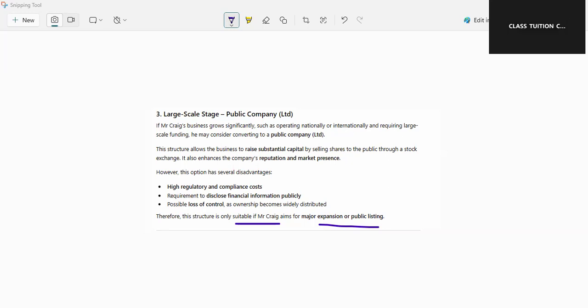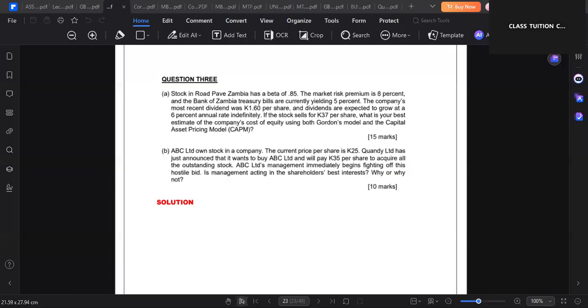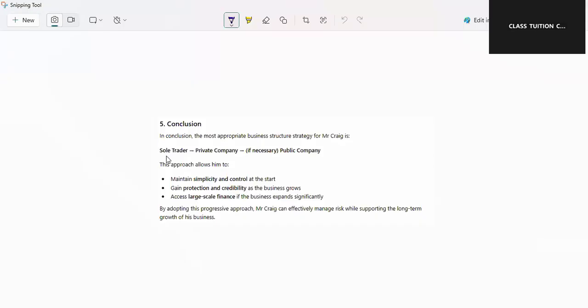Okay. So what was our conclusion in our discourse? What would you advise Mr. Craig to go for? So there's no clear-cut conclusion we gave. We just subtracted one. We said, in conclusion, the most appropriate structure that he would go for would be from sole trader and expand to a private company.